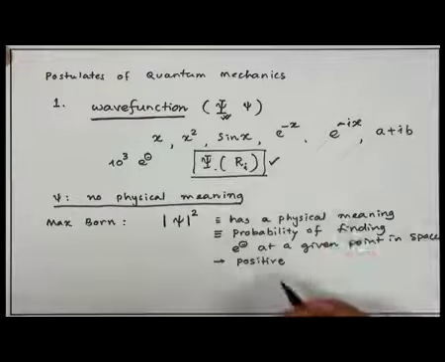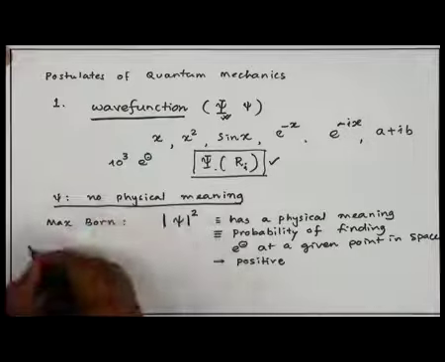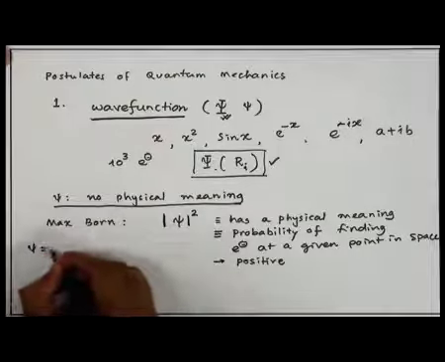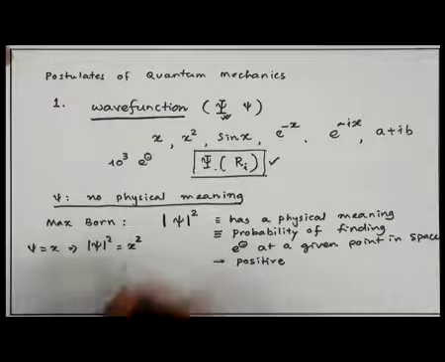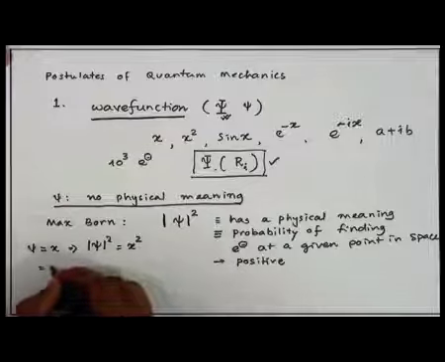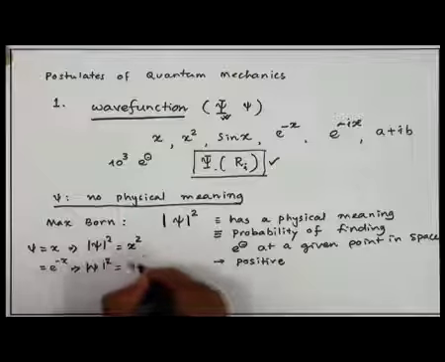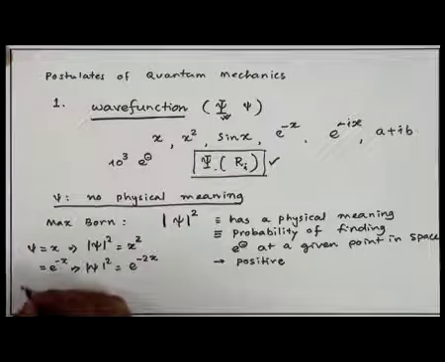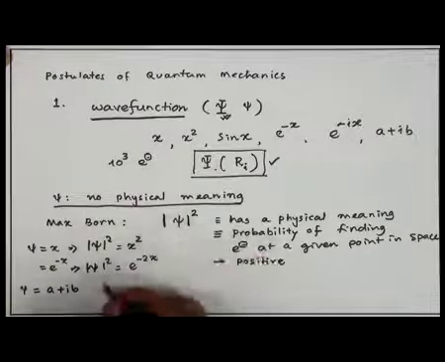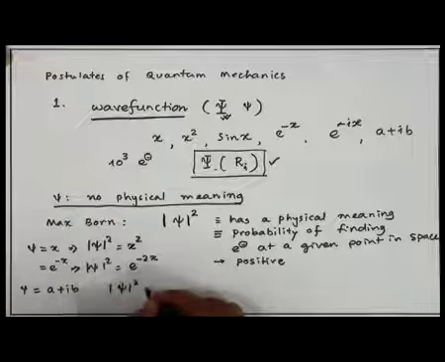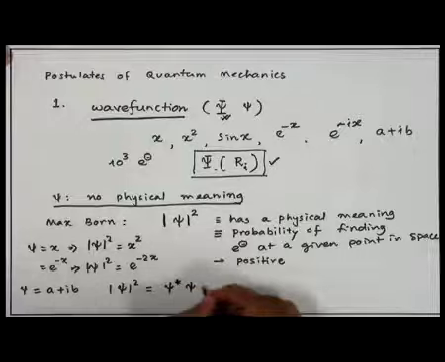So let us see a few examples. This psi mod square actually has a special meaning. For example, if my wave function is x, then psi square is easy, it is x square. If my wave function is e to the power minus x, psi square is e to the power minus 2x. However, please note, when my wave function is complex, psi square should actually be written as psi star, which is the complex conjugate of psi, multiplied by psi.